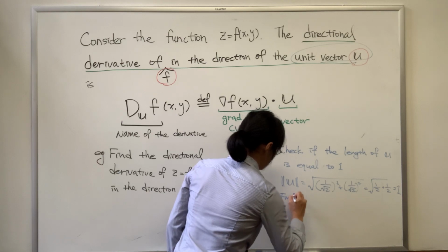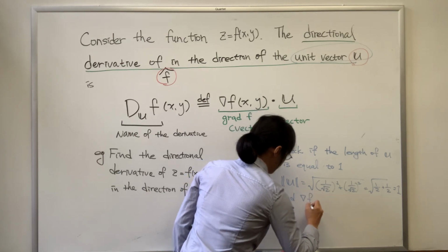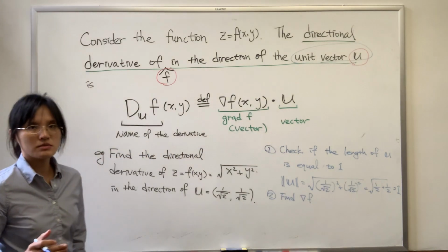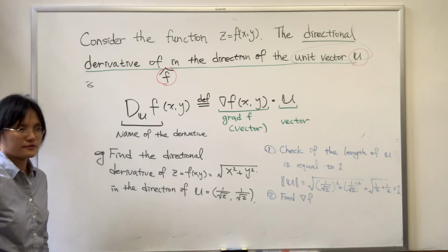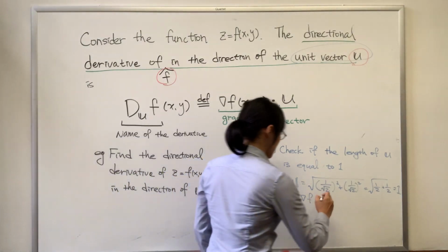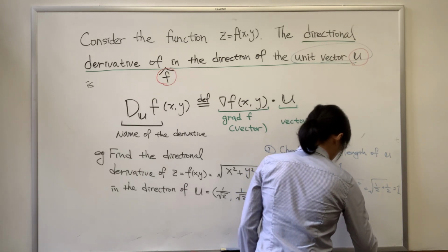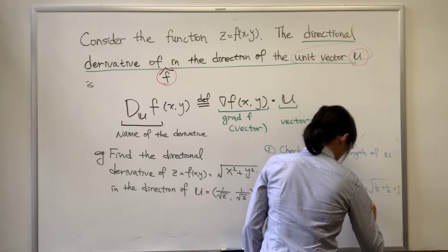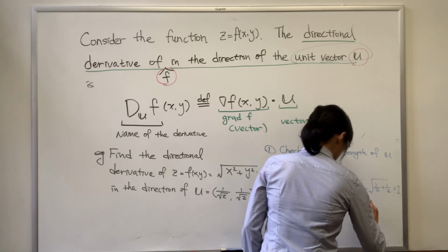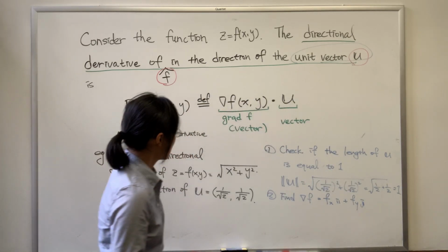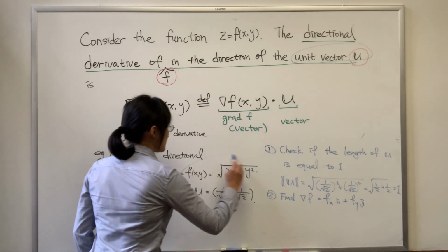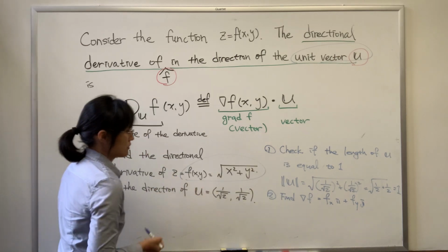Step 2: find gradient f. Do you still remember what the gradient f is? The formula for gradient f is df/dx i plus df/dy j. So this is f of x, y. Find its gradient.